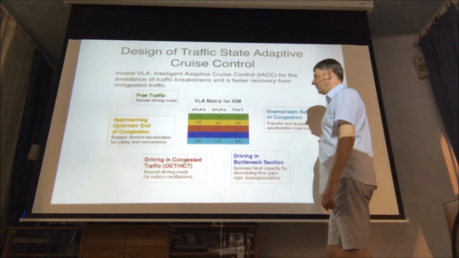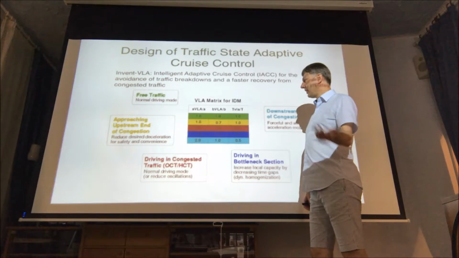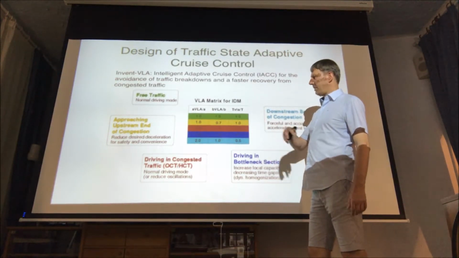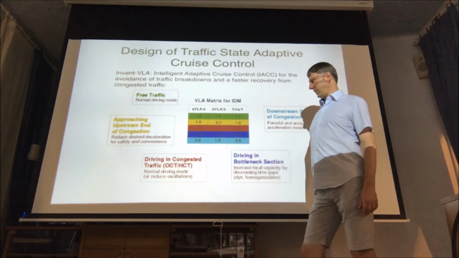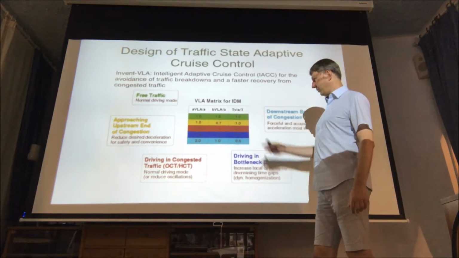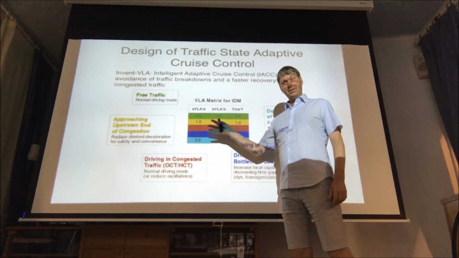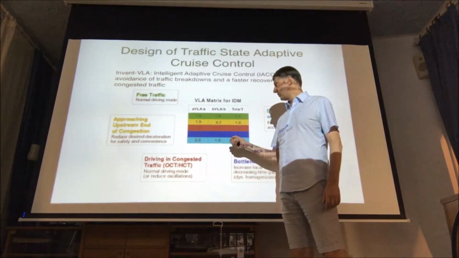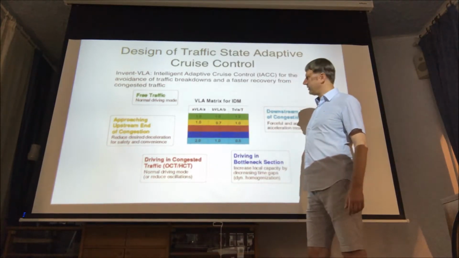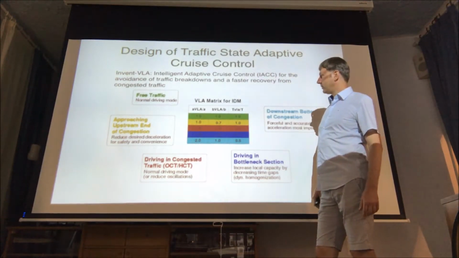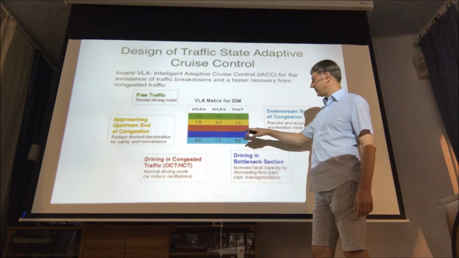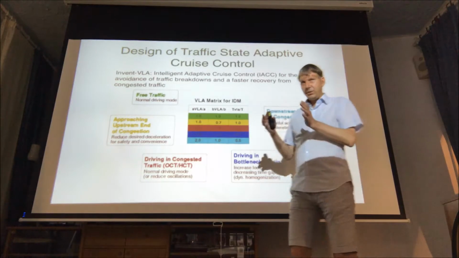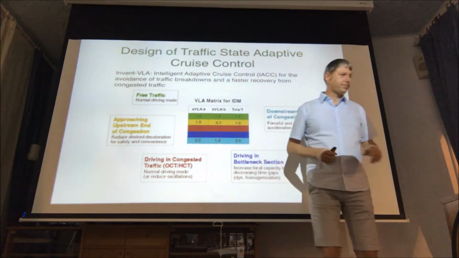Dependent on where you were, for example, outside of a traffic jam, in the traffic jam, about to enter the traffic jam or about to exit the traffic jam, you would have to choose the parameters in this intelligent driver model that's basically behind the adaptive cruise control differently, in order to avoid accidents, in order to make cars accelerate out of the traffic jam, in order to increase capacity.